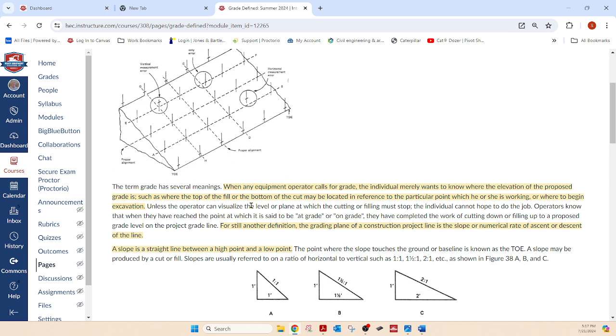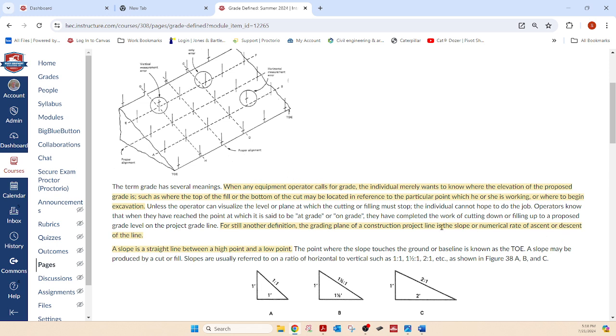So that's the way this happens. That's the way it goes on. You got a guy setting stakes. You got a guy following who's helping the backhoe or dozer, whatever's working, make his way down or her way down to the desired cut level or up to the desired fill level.